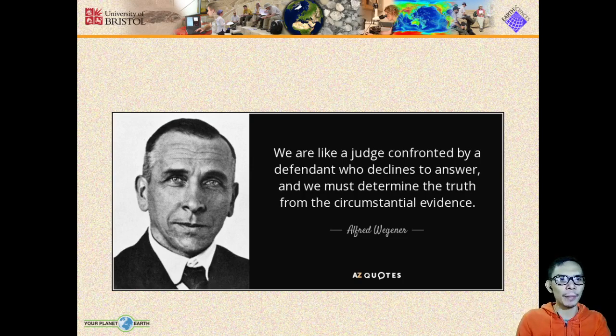This is the time where Alfred Wegener has been vindicated, after having been ostracized because of his idea about how the continents were in the past. Time and time again, his ideas about the continental drift theory are being supported by evidence coming from geologists and scientists alike.